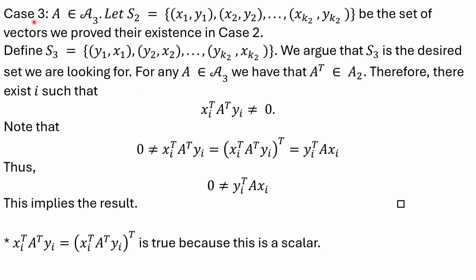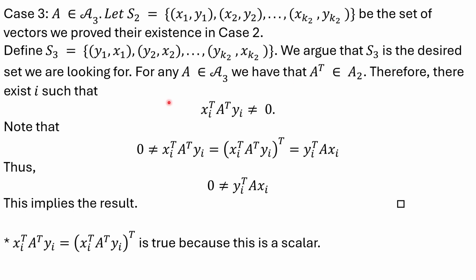Case 3. A belongs to A3. Let S2 be the set of vectors whose existence we proved in case 2. We define S3 as the reversed pairs. We argue that S3 is the desired set we are looking for. For any A in A3, we have that A transpose is in A2, because now the rows have less than the number we defined earlier.